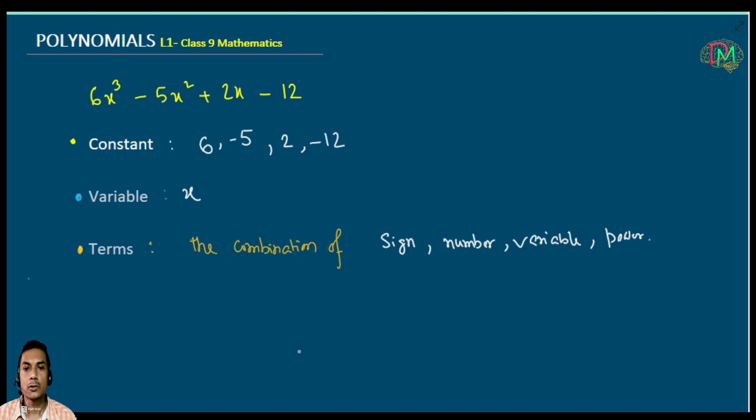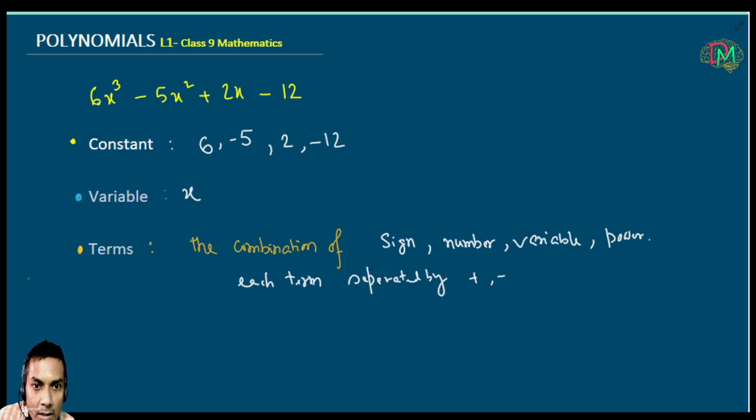These four components combined together are a term, and each term is separated by plus or minus. Okay, is it clear?